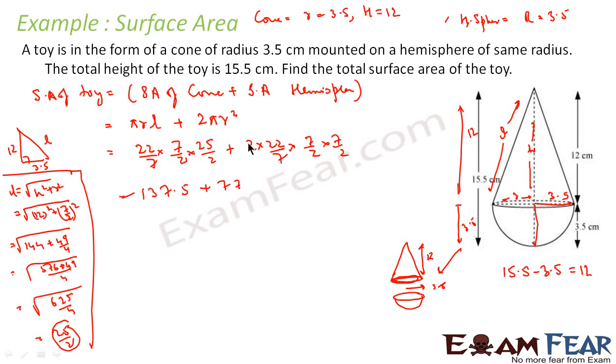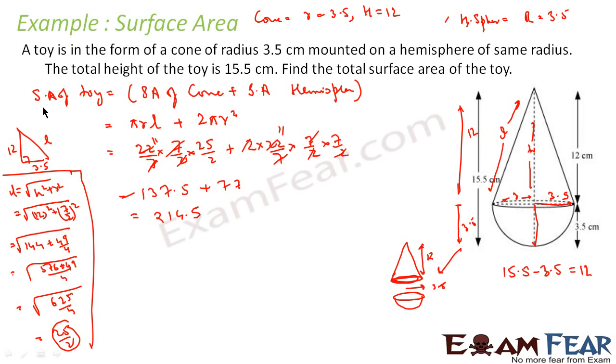This is cancelled, this guy is cancelled, and this is cancelled. 77 and this becomes 137.5. This is cancelled, this becomes 11. So 25 into 11 by 2. So we solve this further, this becomes 214.5.